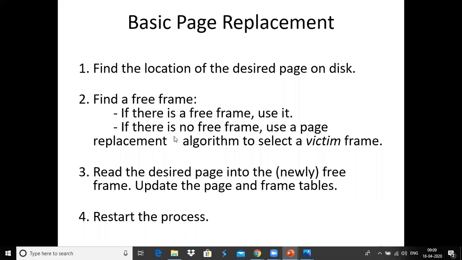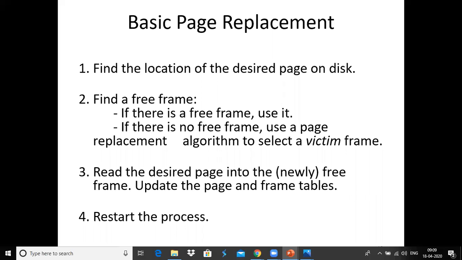If all the frames are full, if physical memory is already full, then use a page replacement algorithm to select a victim frame. Which frame you select is based on the page replacement algorithm, to bring the desired page from the logical address space to the physical memory.